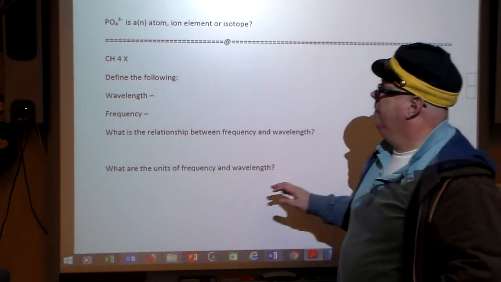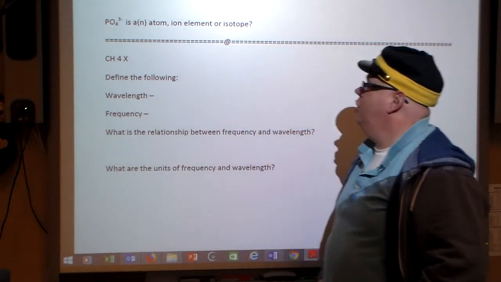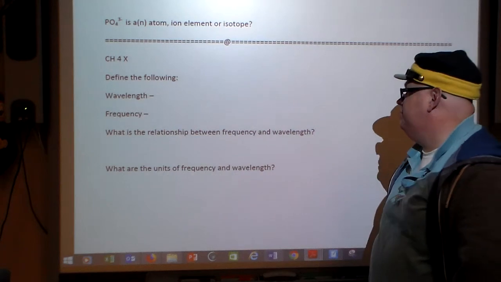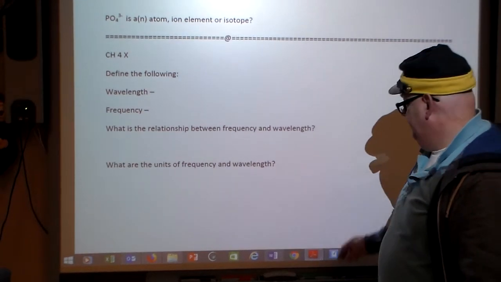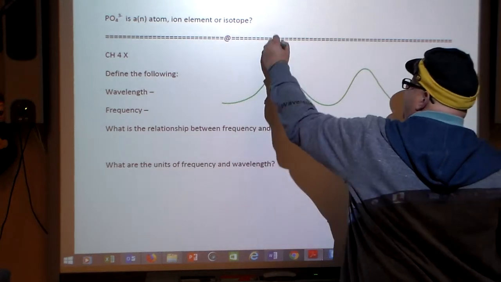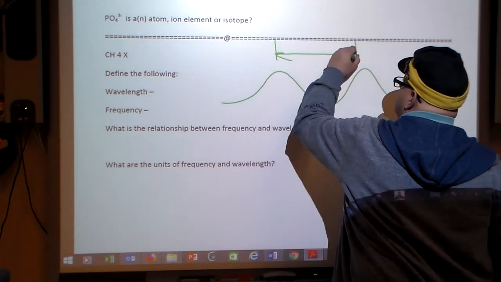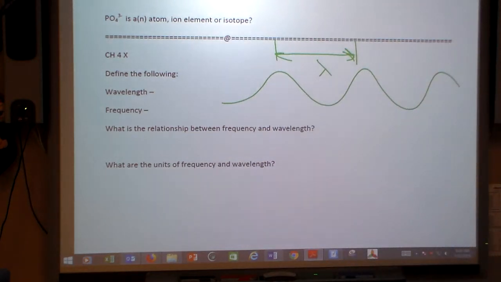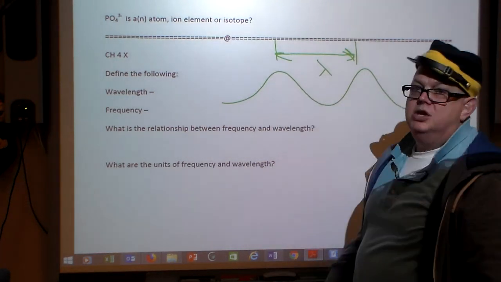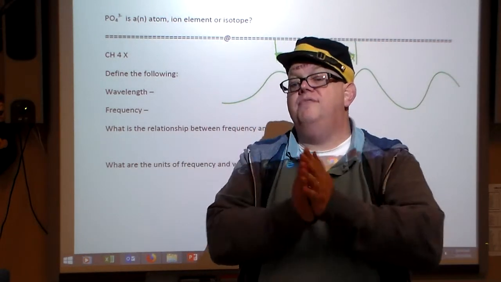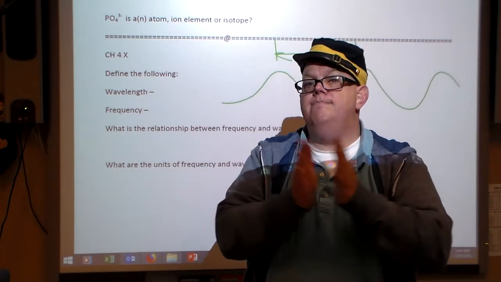You should know about wavelength and frequency, the relationship between frequency and wavelength. Remember, wavelength is the distance between the top of one wave and the next. Frequency is how many times the wave passes a point in a given time.